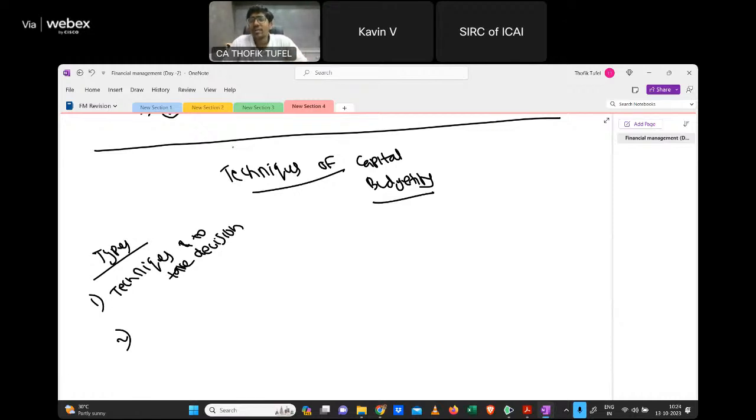Suppose they give you the question and then three subheadings. First one, calculate the payback period. Second one, calculate the accounting rate of return. Third one, calculate the net present value. If questions are asked like this, that is one type of question, where they exactly tell you what technique you have to use, or you should take a decision based on that technique. Now what are all the techniques of capital budgeting? That is what we are discussing.